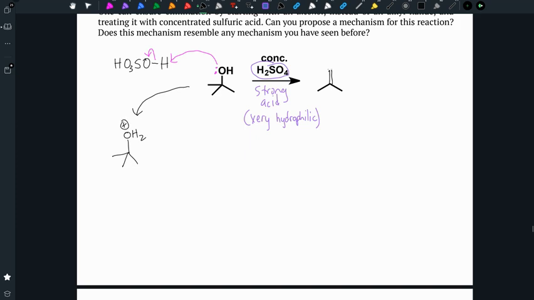So now I have that OH protonated. Notice that makes a change from OH being a poor leaving group to H2O, which is actually a pretty good leaving group. So notice the transformation here. OH, bad leaving group. Once I protonate it, it's now become a good leaving group.